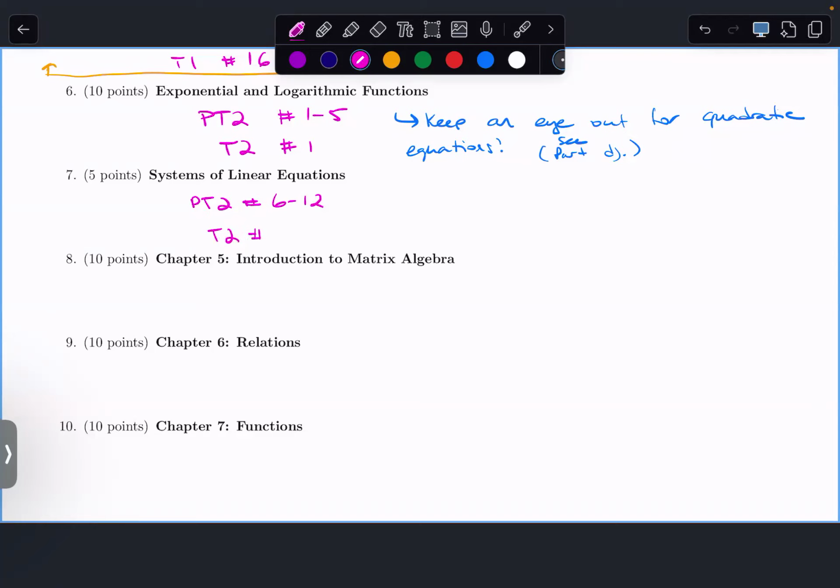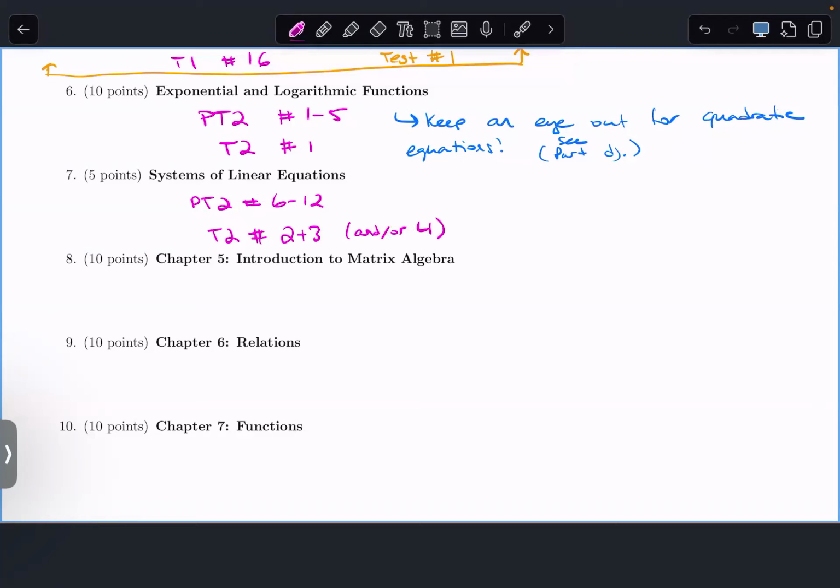And then we saw it on test 2, number 2 and 3, or I should say and or 4, depending on how you solve 4. Because 4 was where I gave you those linear equations and you had to solve the system.